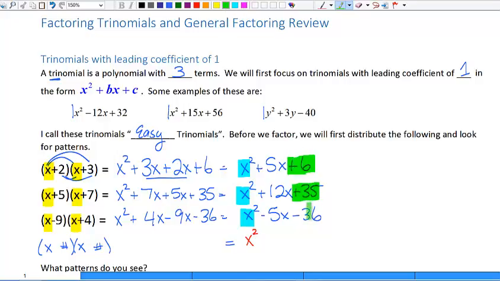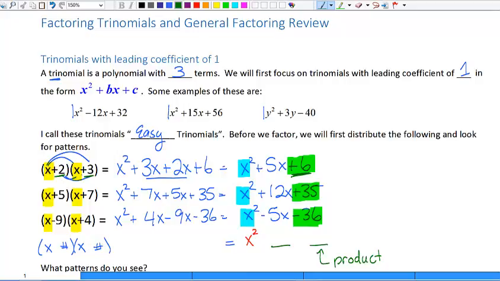We probably should include the sign there as well. And someone will look at that, and they'll look at the numbers that we used in the beginning, and they will notice that 2 times 3, positive 2 times a positive 3, turned out to be a positive 6. So in our trinomial here, the last term, which was always a number, turns out to be the product of the two numbers in the original problem.